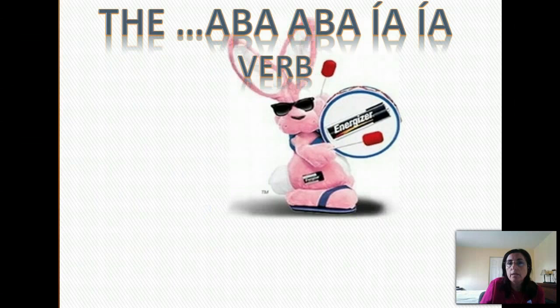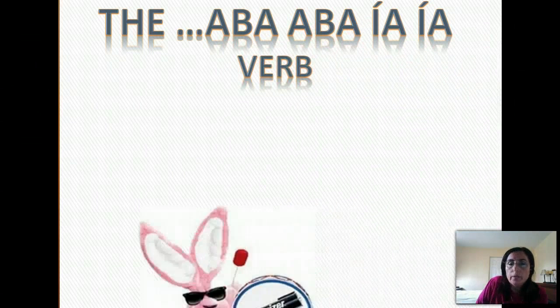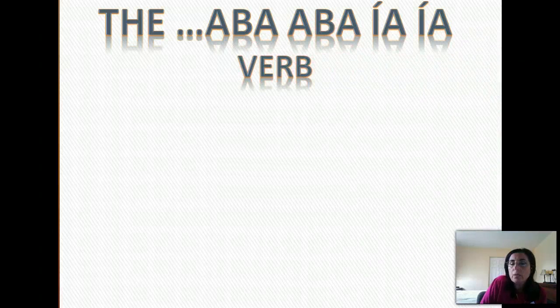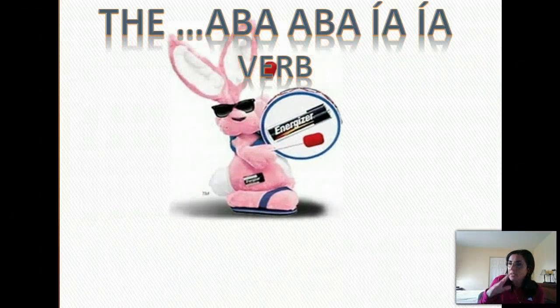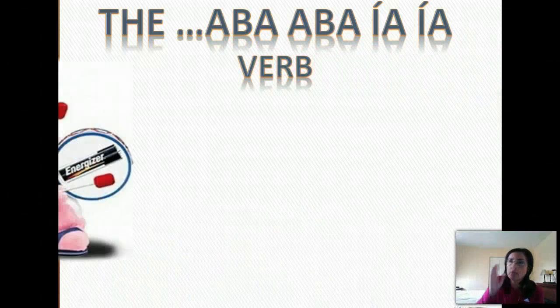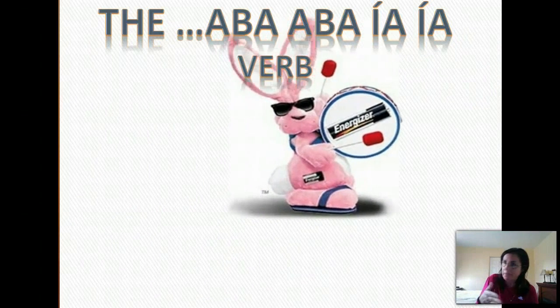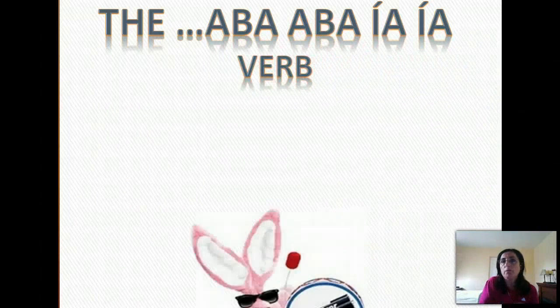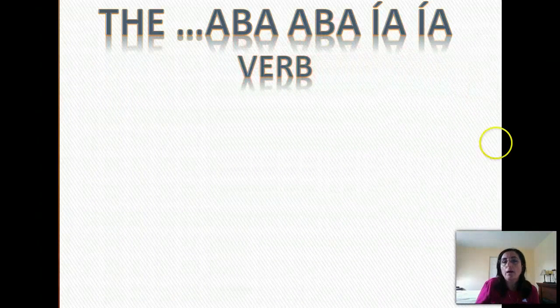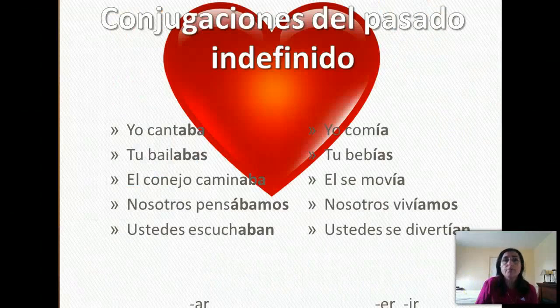And you know this little guy, conejo, is the one that goes and goes and goes and goes. He doesn't stop. Think of an action as something that goes and goes without a clear stop, without a clear moment or a specific moment. This is how I want you to think about this verb, the aba, ia, ia verb.